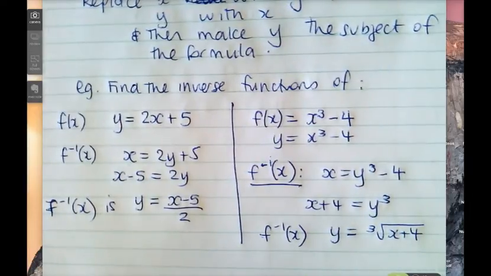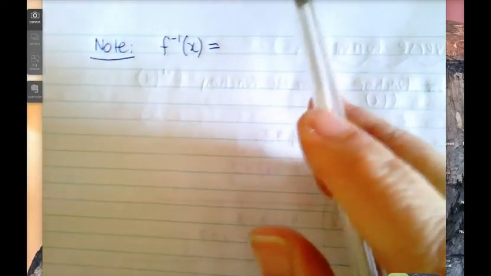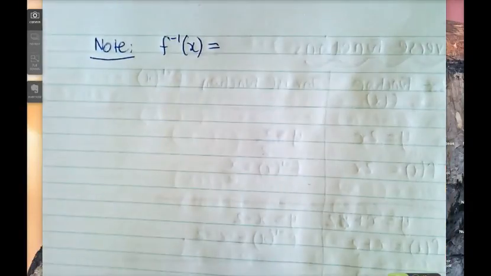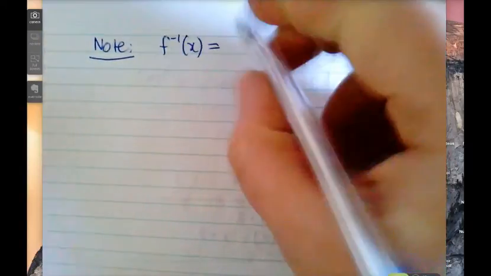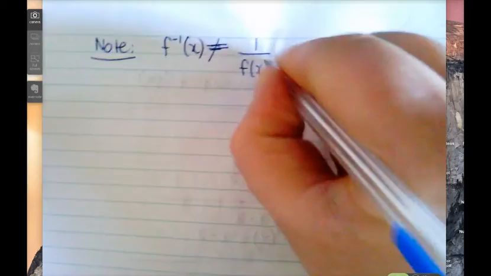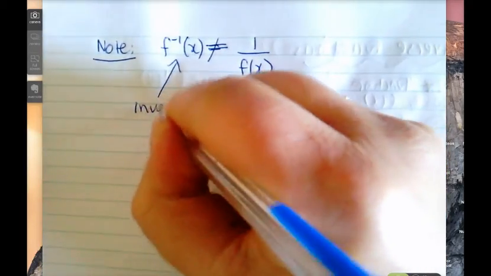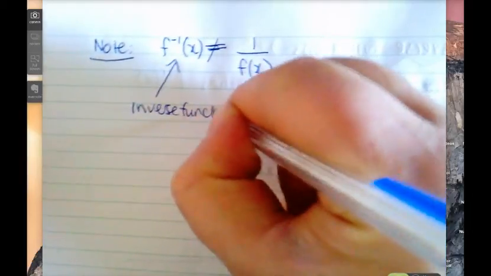Now, that is not the same. Inverse is not reciprocal, okay? F to the minus 1 of x does not equal 1 over the function of x. This means inverse function of x.